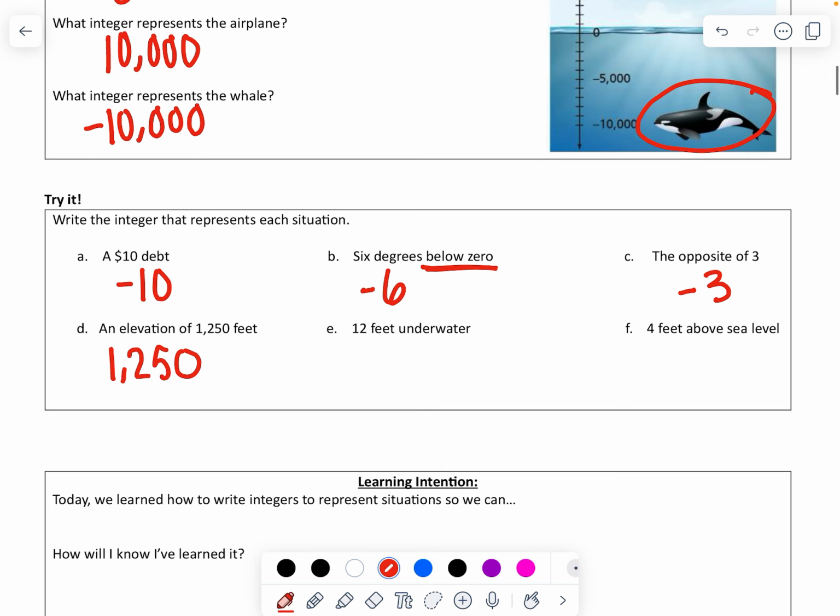Then we have 12 feet underwater. If we're underwater, that means we're below sea level, so that's going to be a negative, so that'd be negative 12. And then if we're 4 feet above sea level, we're above, that's our key word, so that would be a positive 4.